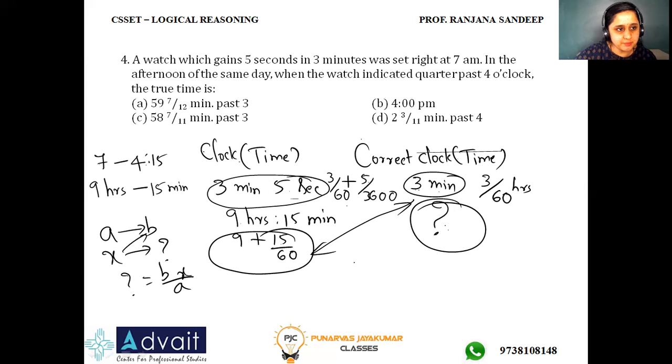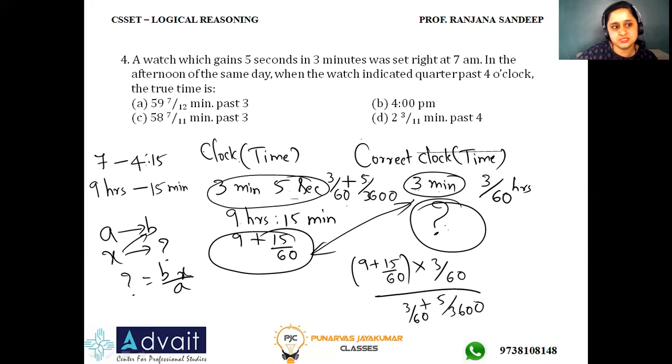So let us cross multiply first. 9 plus 15 by 60. 9 plus 15 divided by 60 into 3 by 60 divided by 3 by 60 plus 5 divided by 3600. So this is equal to 9 plus 15 times 1, 15 times 4.